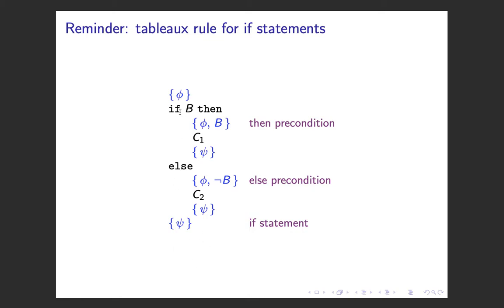So if we've got an if B then C1 else C2, that's the program statement, and we want to prove the partial correctness statement that, suppose phi holds in the starting state, so that's the precondition, then after executing the program if B then C1 else C2, if it terminates, the postcondition psi holds.